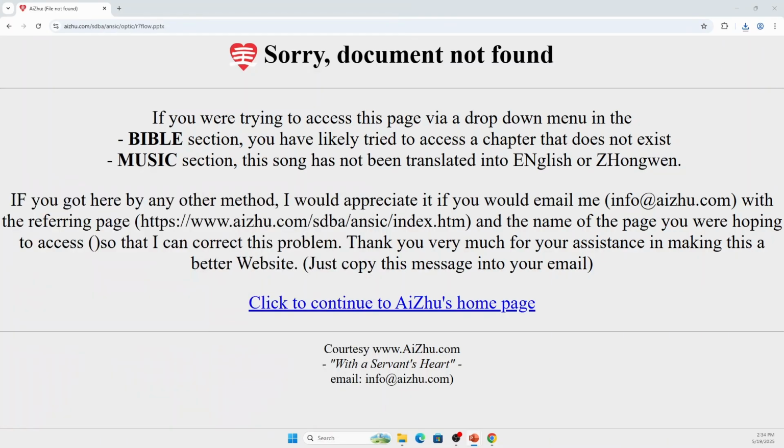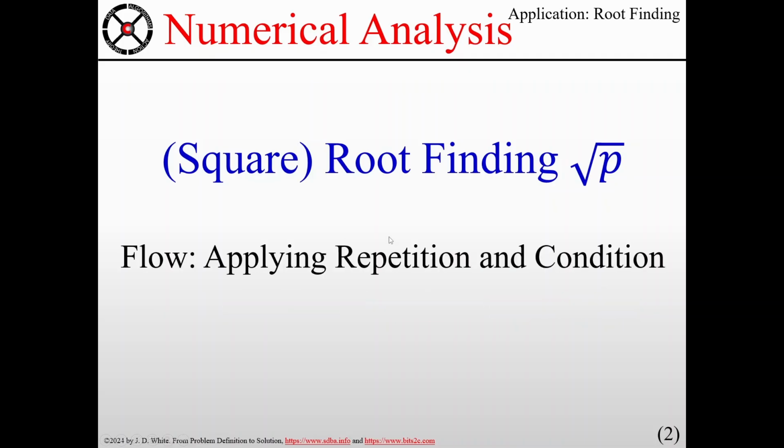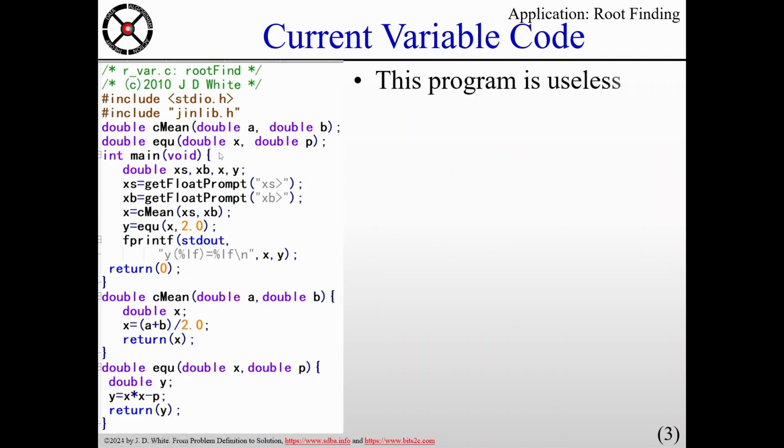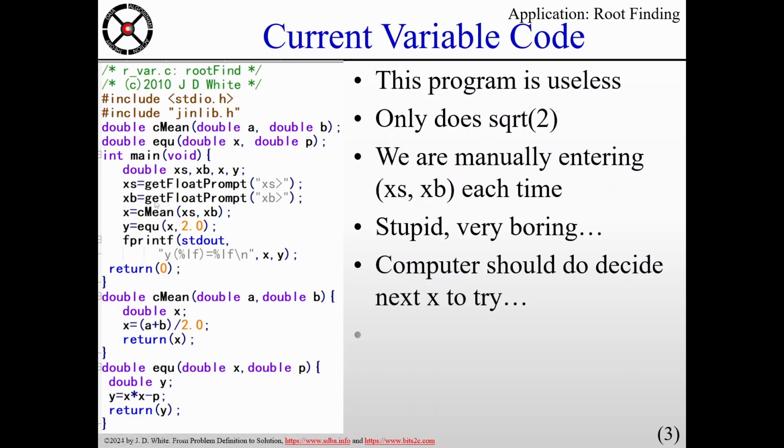Okay. Let's start to take up our problem here. This is our program right now that we looked at, that you were modifying. We got a small value of x, a big value of x, we calculated the mean, and we calculated the equation y equals x squared minus 2.